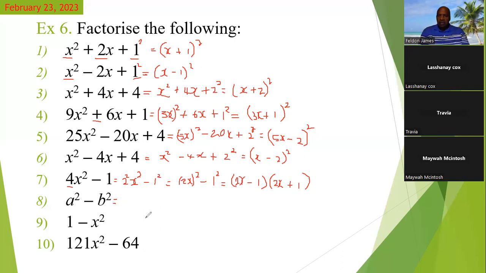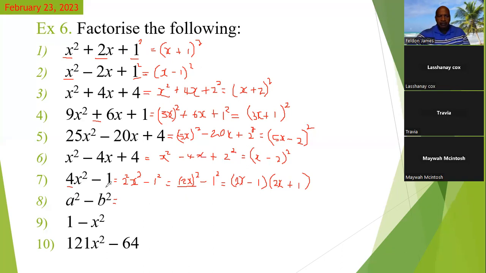Sir, where you have 2 square x square minus 1 square, you go back and write it over the other side. We have to have both of them. Not necessarily. You could just jump to this form. We do this to show you what is happening.